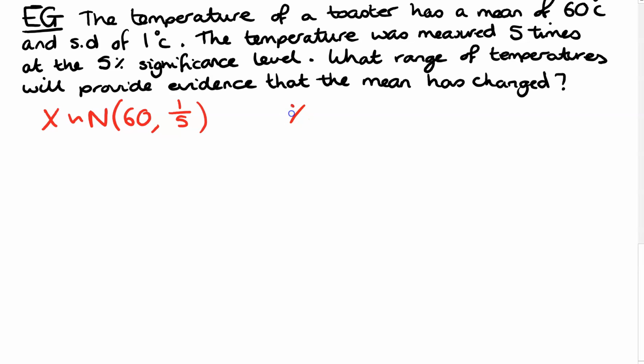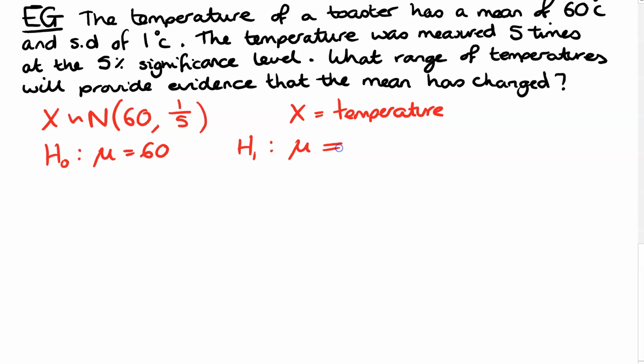Right, so the thing that we are measuring is the temperature, and we are saying H0, the mean is staying at 60, and H1 is that the mean has changed. Now we don't know if it's going up or down, but we certainly know it's not going to be 60. This is a two-tail.